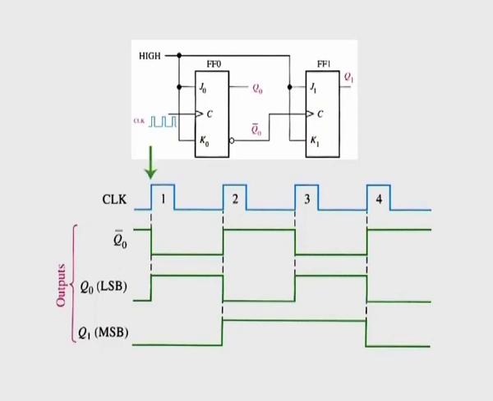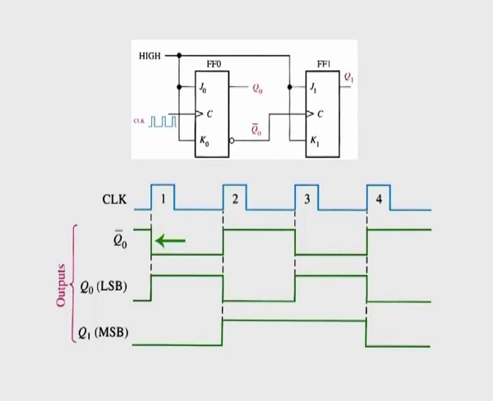The positive going edge of clock 1 causes the Q0 output of flip-flop 0 to go high. At the same time, the Q0 bar output goes low, but it has no effect on flip-flop 1 because a positive going transition must occur to trigger the flip-flop.